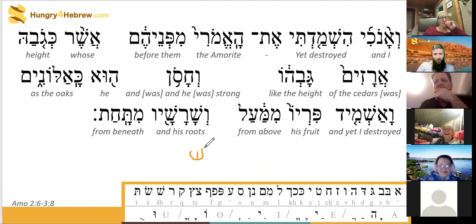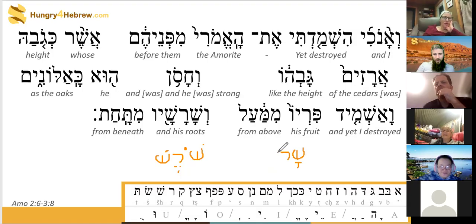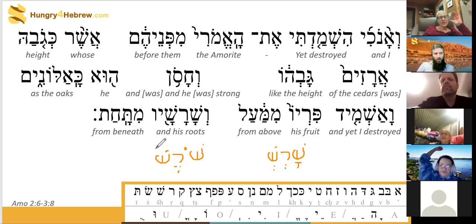So the singular form shorish is a segolate, and so we can speculate that its original form was shorsh, like this. What does the plural of a segolate usually do? Is what I'm going to get at.